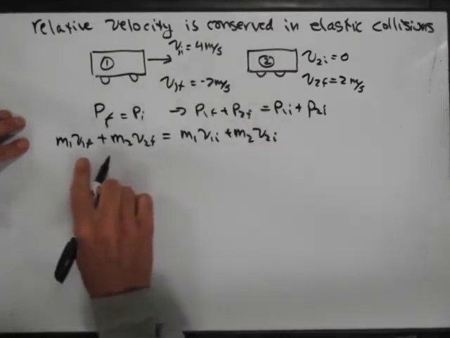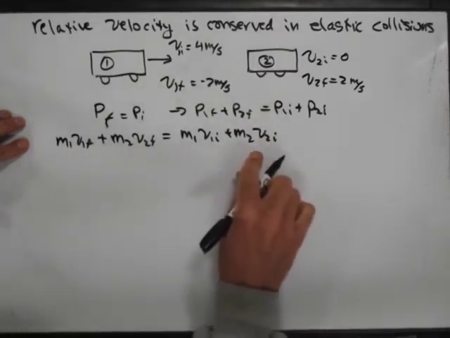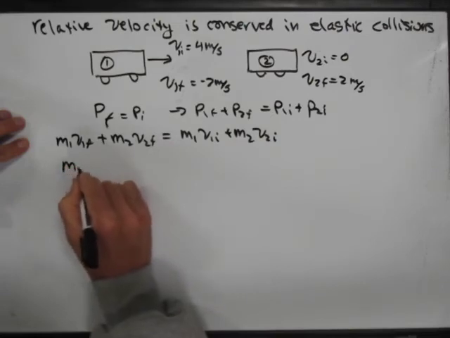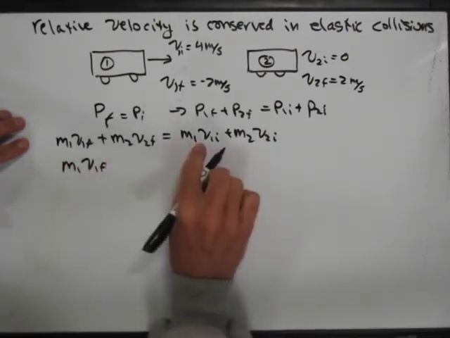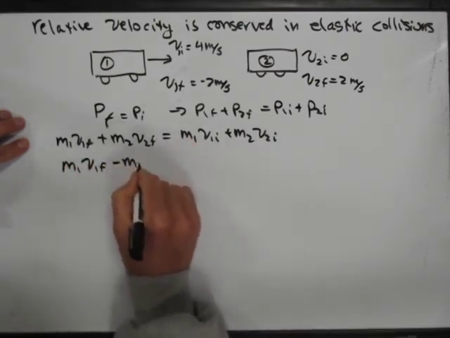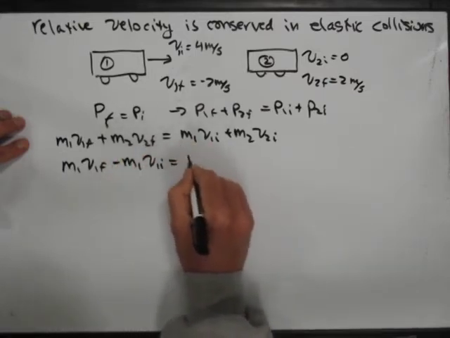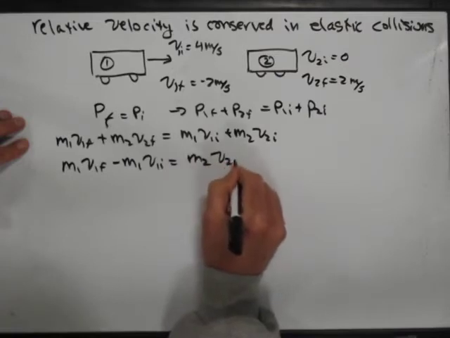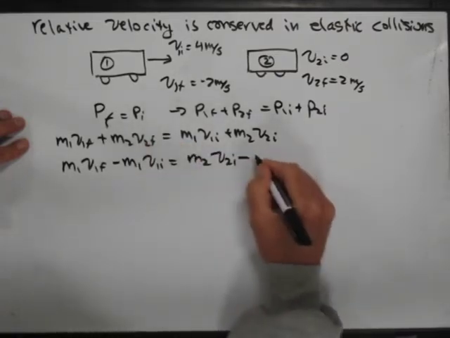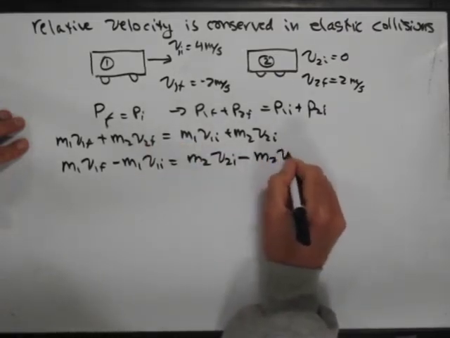And now I want to put the 1's on one side and the 2's on the other side. So I'm going to write this as M1 V1 final minus M1 V1 initial equals M2 V2 initial minus M2 V2 final.